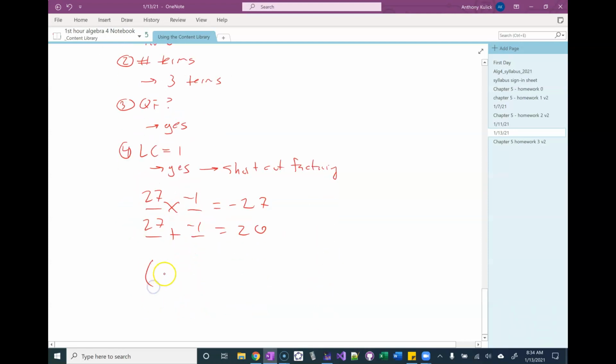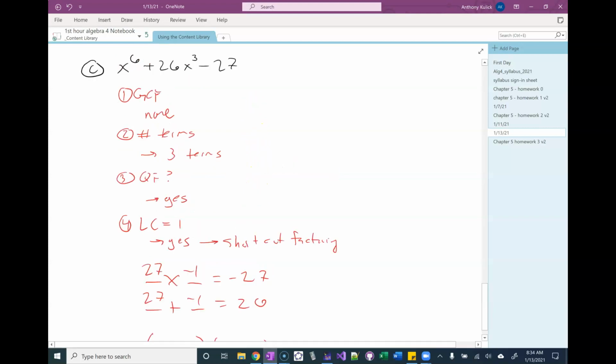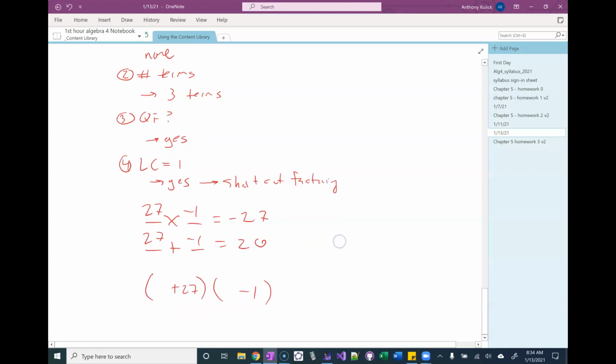And since this is the shortcut factoring, I can go straight to my answer. So it's going to be something plus 27 times something plus 1. To figure out the power of x that I need, we look at that middle term. So since those are x cubes, we know the factors down here are going to have x cubes in them.